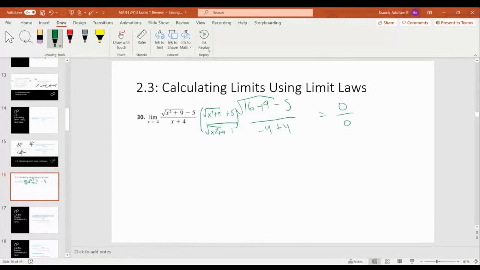If we multiply those two, the square root of x squared plus 9 times the square root of x squared plus 9 gives us x squared plus 9, then the cross terms with 5 times the square root of x squared plus 9 cancel, and we are left with minus 25, over x plus 4 times the square root of x squared plus 9 plus 5.